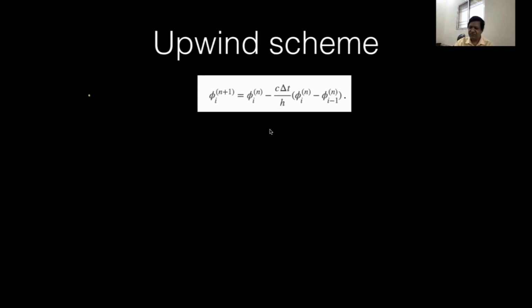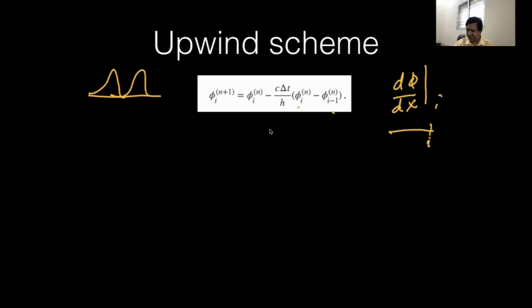Since the wave is going forward, we have to compute d phi by dx at i, so we use phi_i minus phi_{i-1}. I just take the derivative and divide by h. And this scheme is stable.